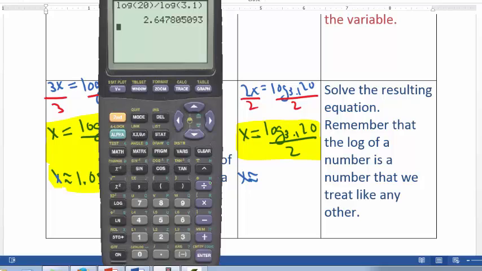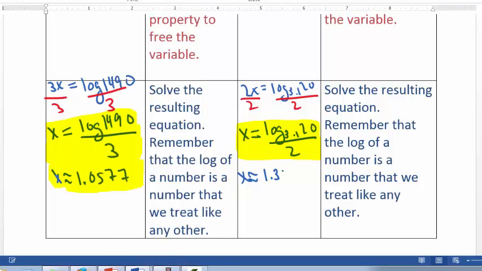And then I just have to divide that by 2, and I'll have my approximate answer. So here my approximate answer is 1.3239, and that would be my solution there.